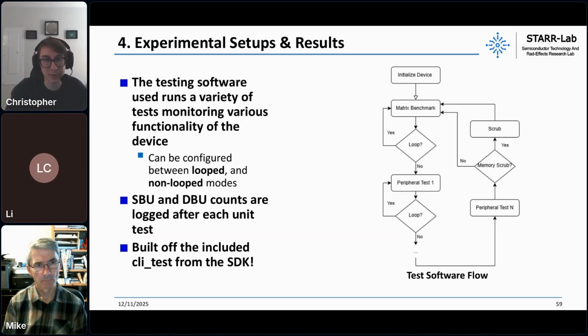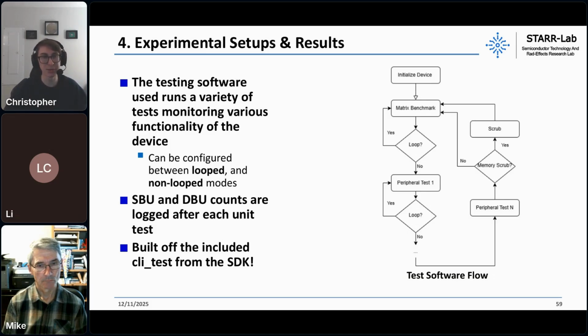We wanted to see if there were other things going on in the software, like understanding if all the peripherals were still working, interrupts in the device, the direct memory access controller, and whether all these other things continue to work during the radiation test campaign. So we have the matrix test first, and then it goes on to the next peripheral test, and so on.